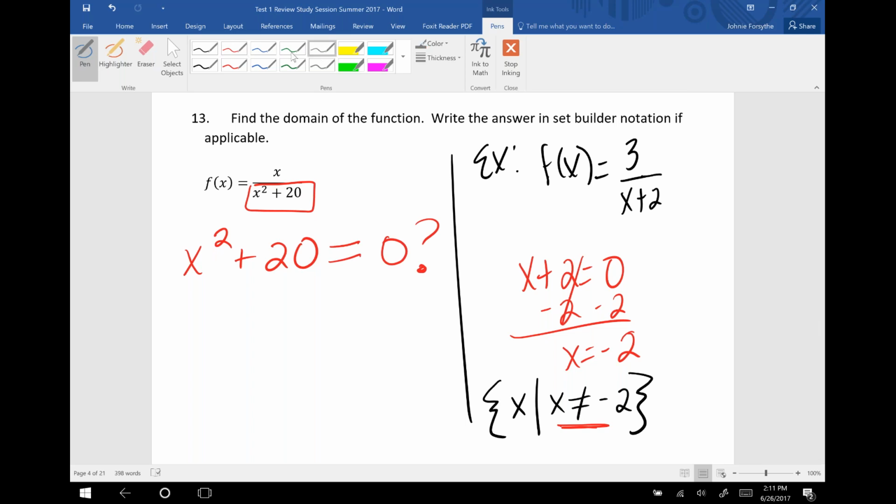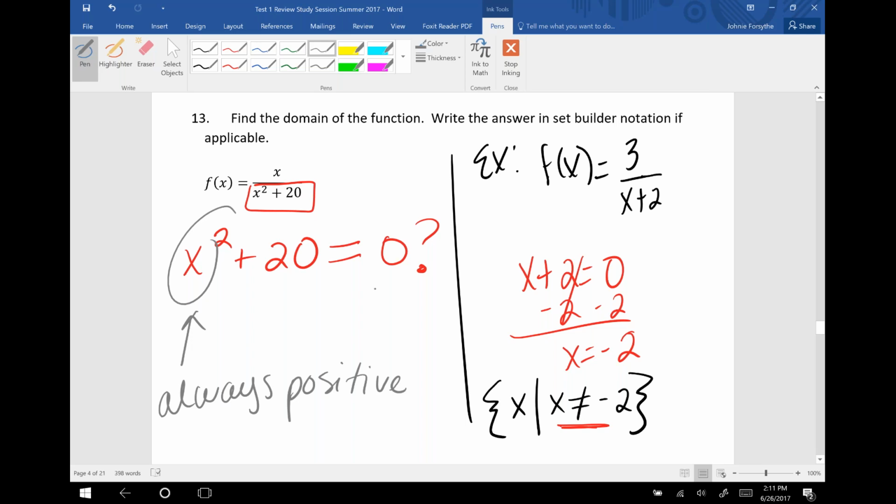All right? Anything squared is always positive. And then any positive number plus 20 is going to give you... the only way that something plus 20 could be 0 is if it was negative 20, right?